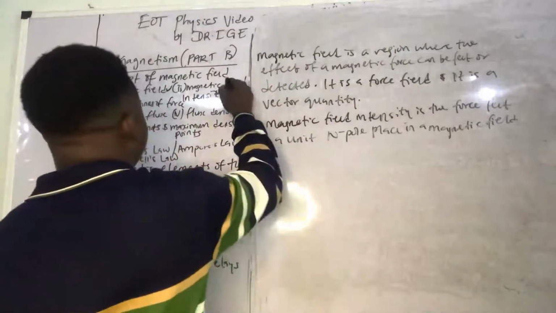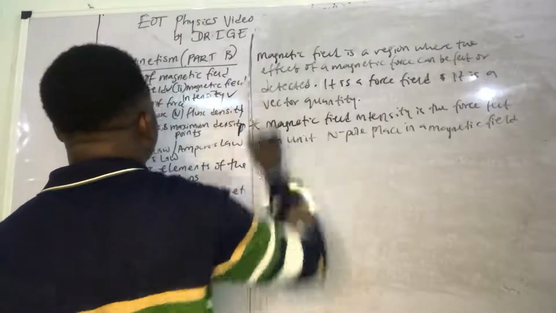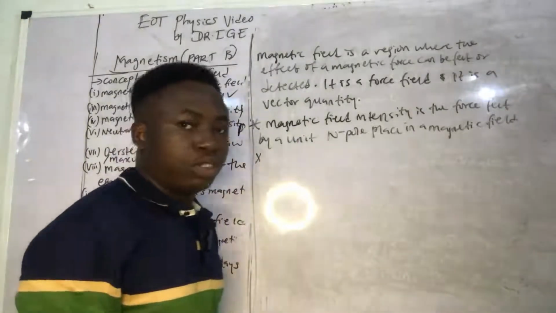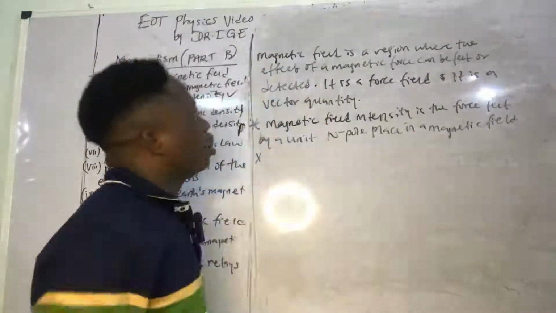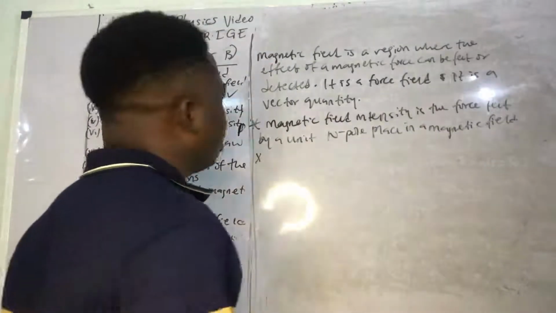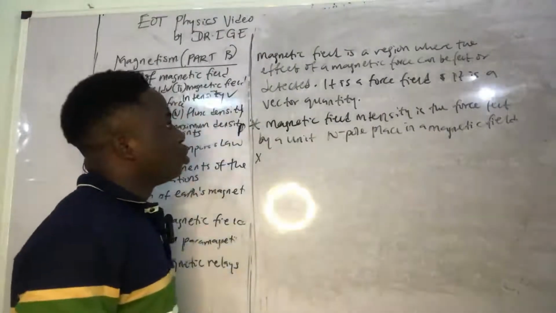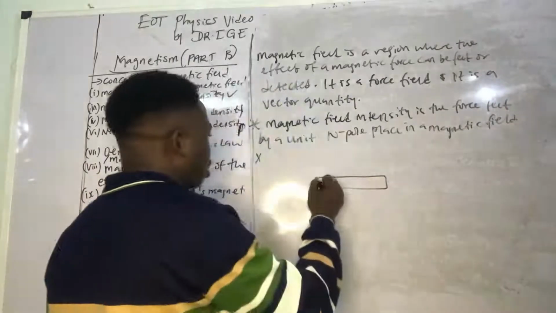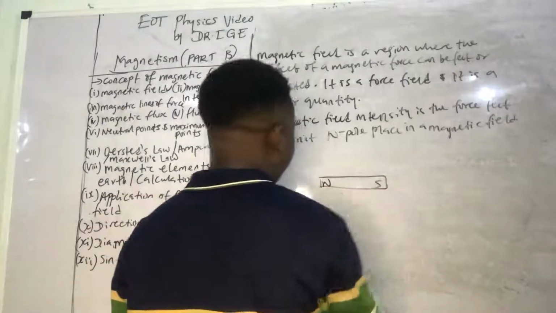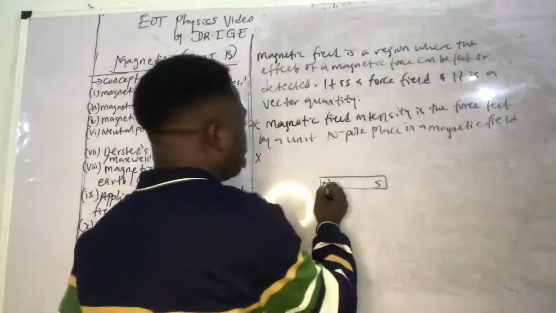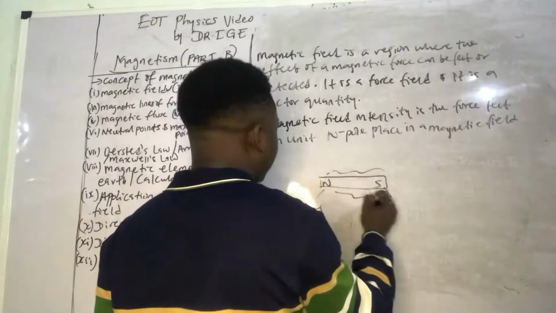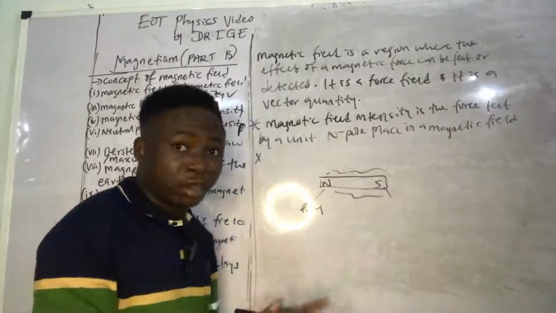The next one is magnetic lines of force. Also, there's something I forgot to state about magnetic fields. For example, this is a magnet with a North Pole and a South Pole. Please take note that these places are called the poles, while this area is the field around the magnet.